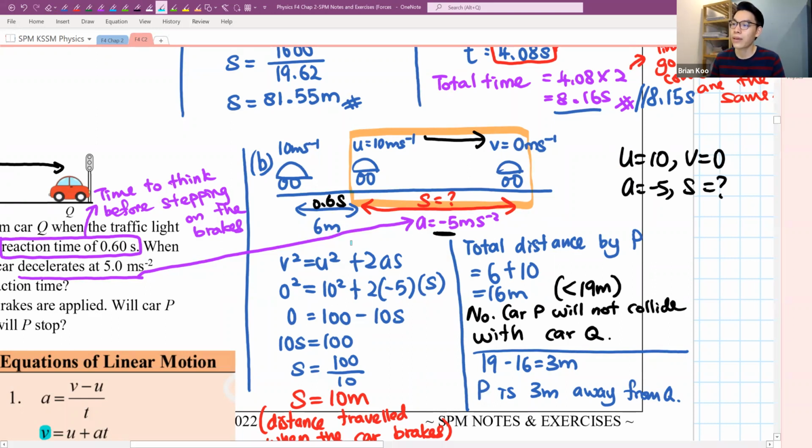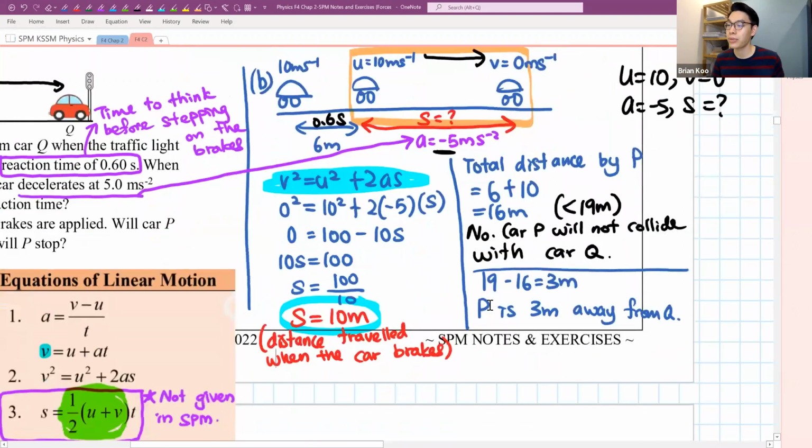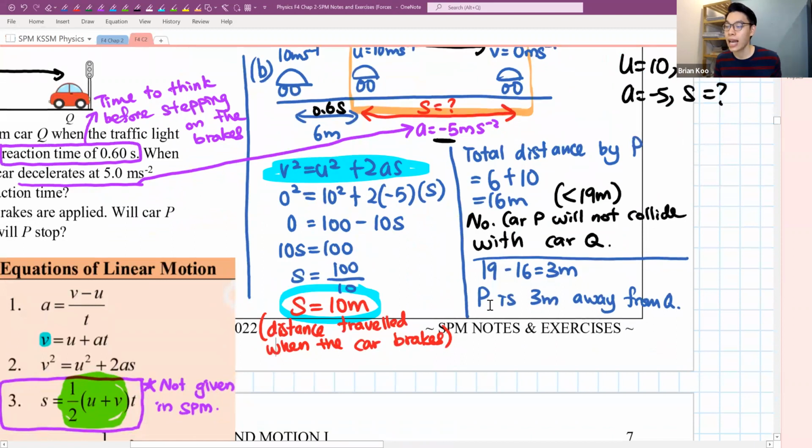Okay, we ended up with this formula. Put in the values, you will get S equals 10. S equals 10 is the distance traveled when the car brakes. I don't know how long it takes for him to brake, but when the car braked, he had to travel another 10 meters.